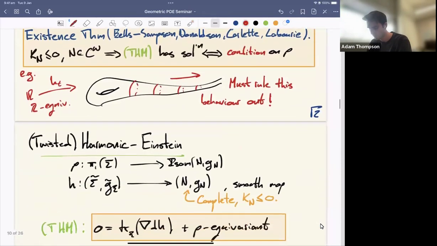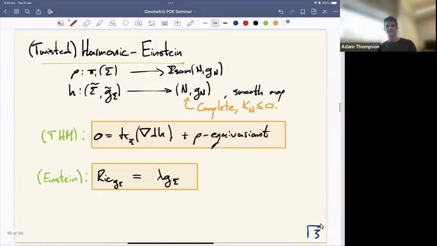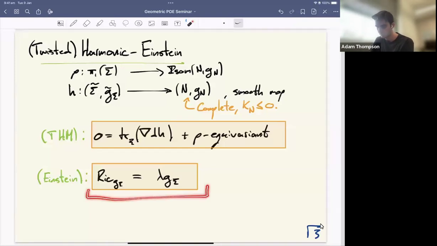Now, as I said, my main object of study today, what I really care about, are these so-called twisted Harmonic-Einstein equations. I keep these assumptions on my target, and maybe naively, what I would do is take my twisted harmonic map equation, and then the Einstein condition on sigma, that my Ricci curvature is a multiple of the metric, and just say, okay, these are two equations, I put them together.